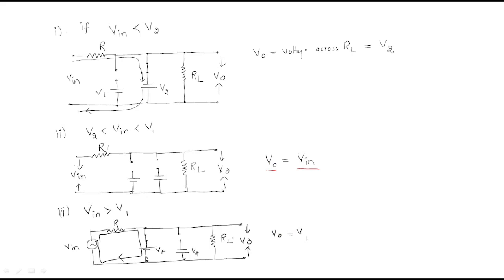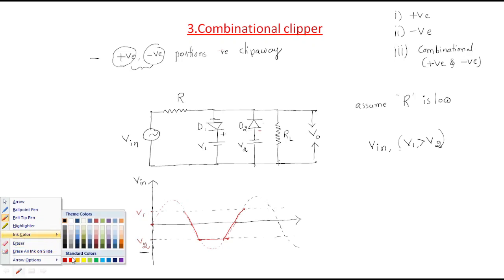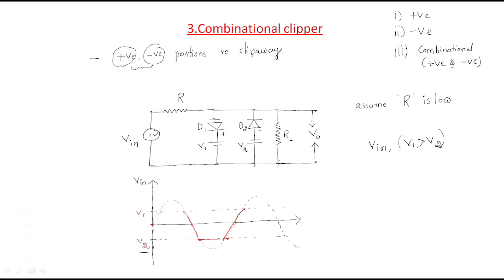So for more than this case, you can draw the output voltage like this. This follows this curve, and this is the straight line. Understand? Right.